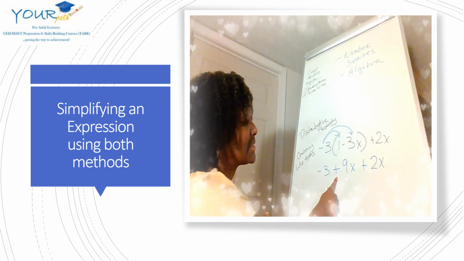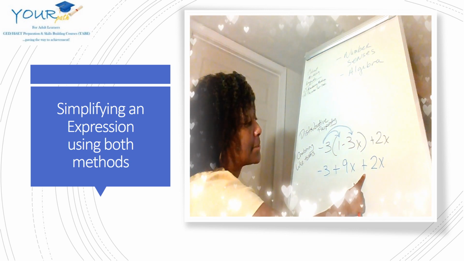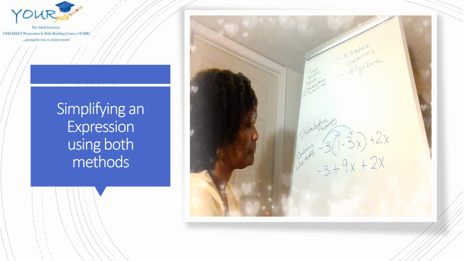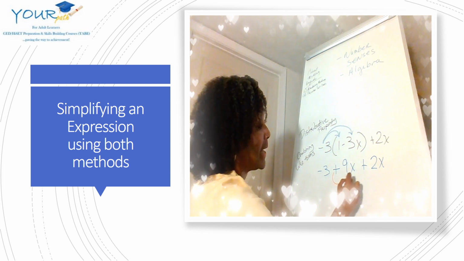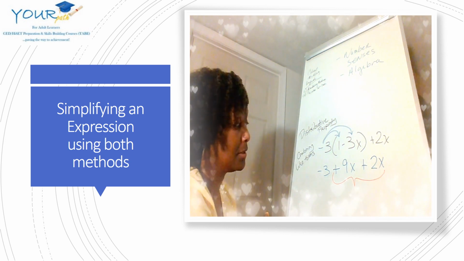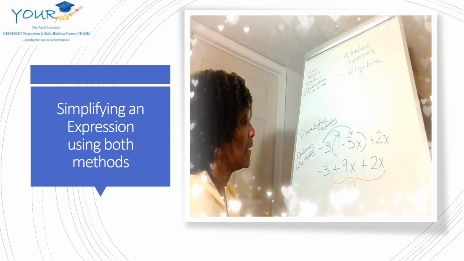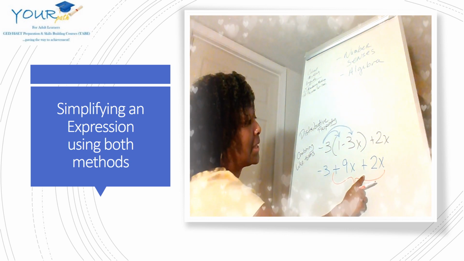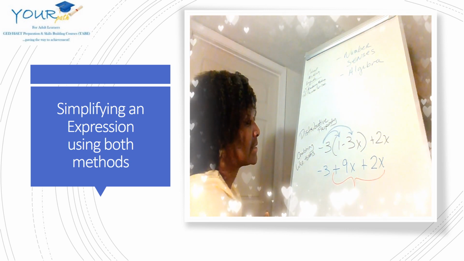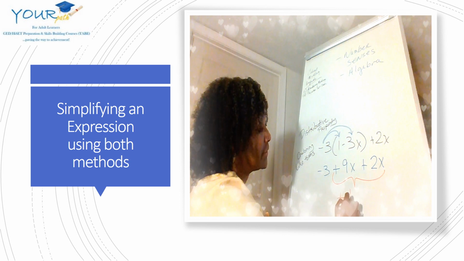We have a positive 9x plus 2x. So we're going to combine these like terms, okay, to simplify them. A positive 9x plus 2x gives us a positive 11x.